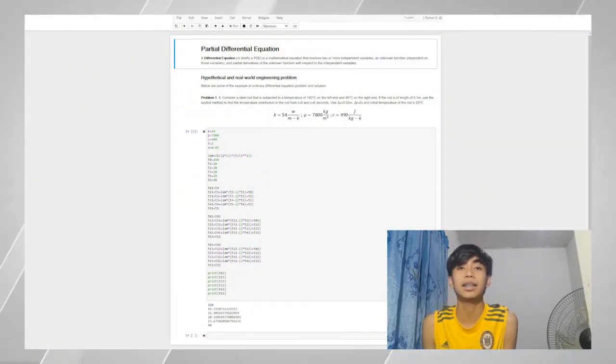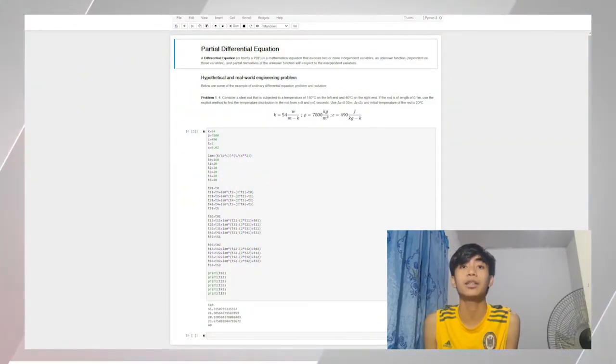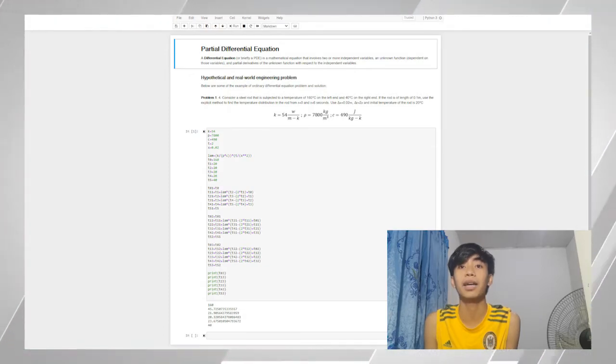So, yung problem po namin dito ay nanggaling din sa ginawa namin nakaraan. So below are some of the examples of a differential equation problem and solution. So yung problem dito is, consider a steel rod that is subjected to a temperature of 160 degrees Celsius on the left end and 40 degrees Celsius on the right end.